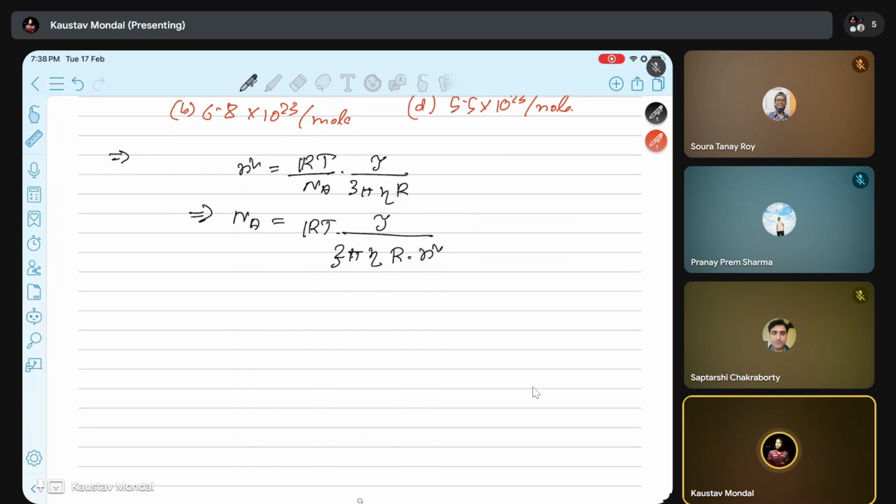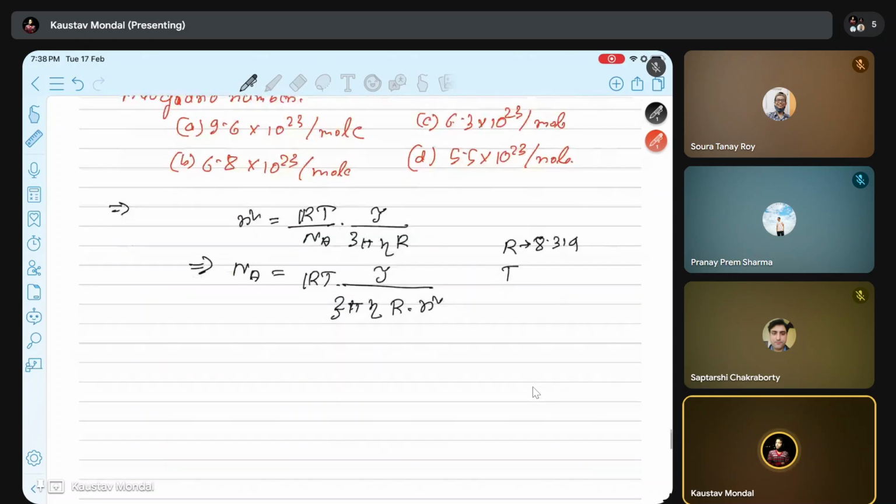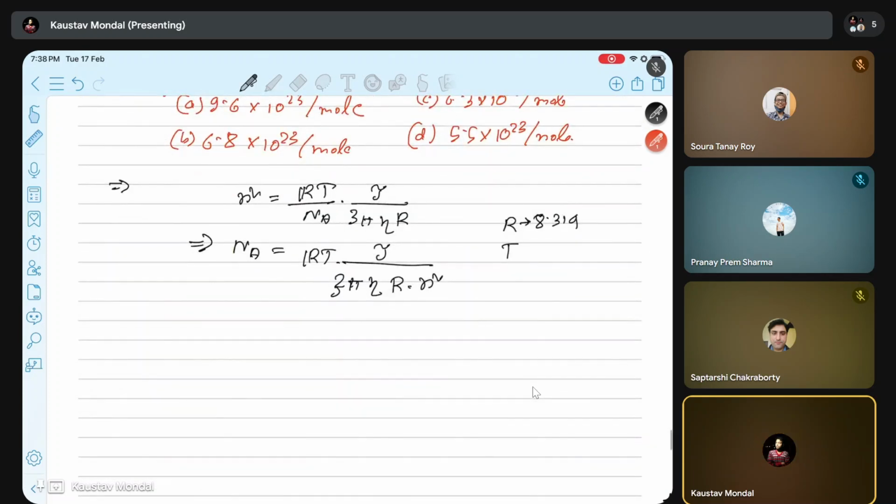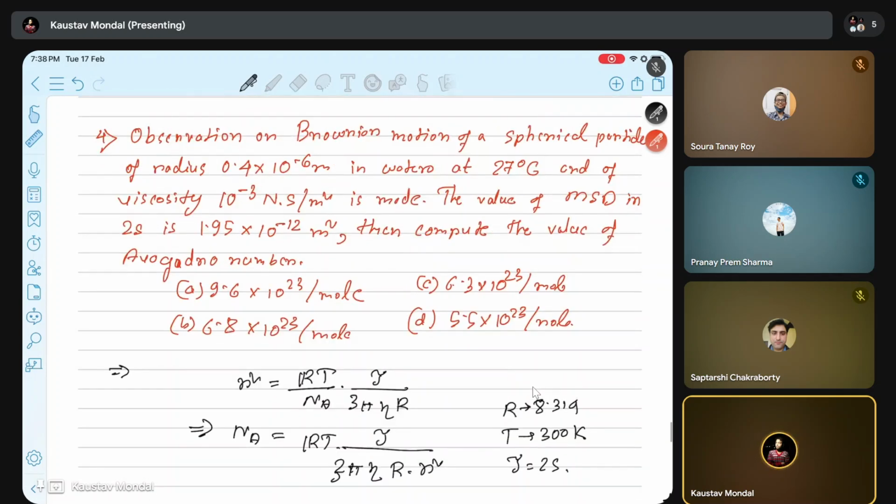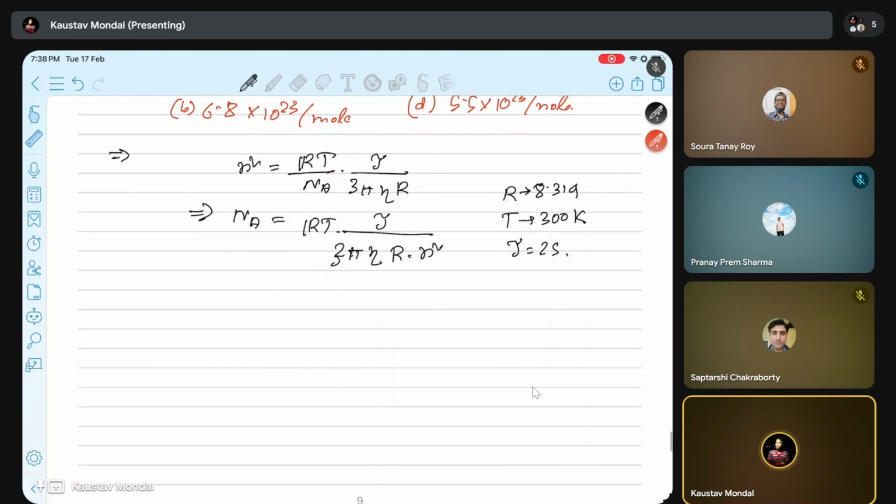So everything is given. R you know, 8.314. T is given, 27 degrees, so 300 Kelvin. Tau is 2 seconds. MSD is given in meter square.